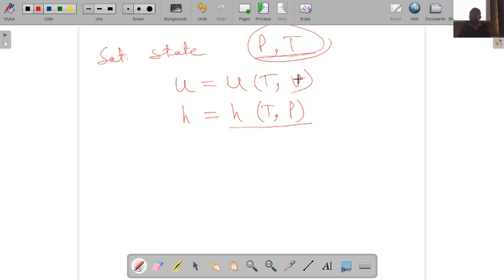In place of specific volume, you can take pressure, entropy, enthalpy, or another property, but these should be independent. Temperature and specific volume are more convenient for defining the functional form of internal energy. Similarly, for enthalpy, temperature and pressure are the convenient form. This type of definition is applicable for any simple compressible substance.